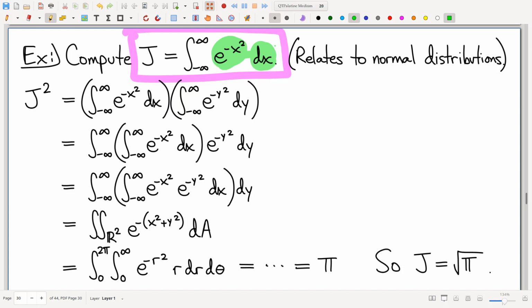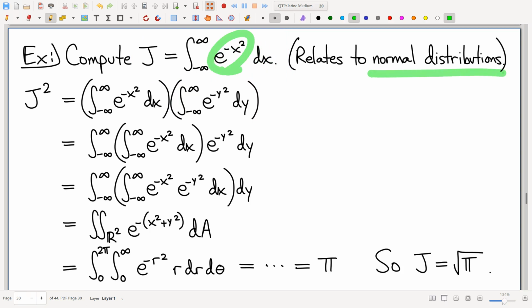This function here, this nasty integrand, is very closely connected to the idea of normal distributions, which are unavoidably, intrinsically, naturally critical to statistics. And not because we just like the shape of it, but because it really is mathematically, fundamentally natural in very significant ways that I wish I had time to talk about. So this is a really important integral.